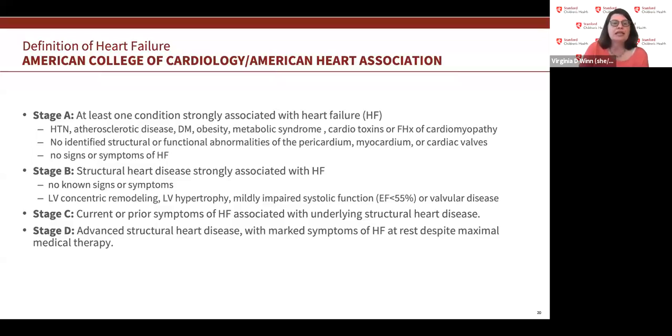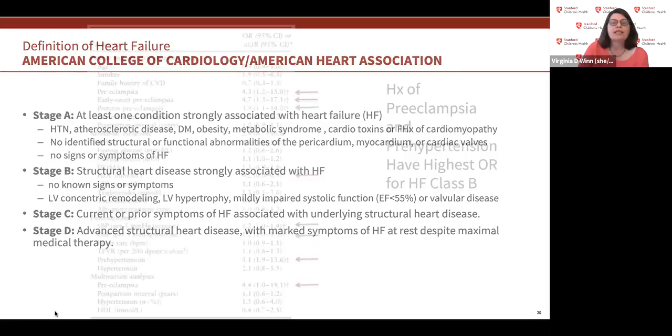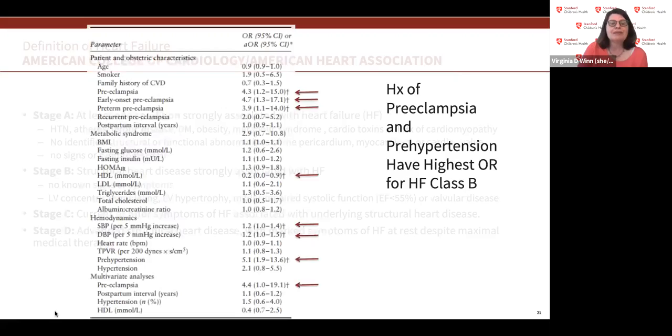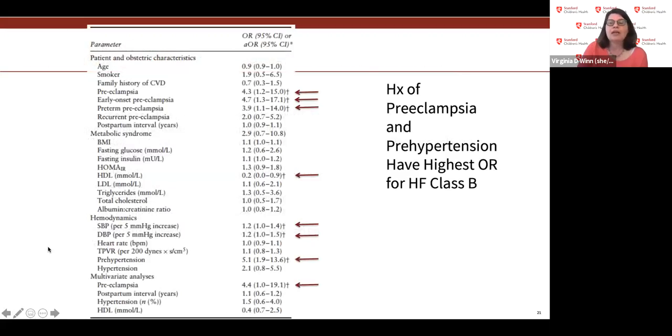And in a study where they looked at the rate of stage B heart failure, what they found was that preeclampsia history had a higher odds ratio than even hypertension.